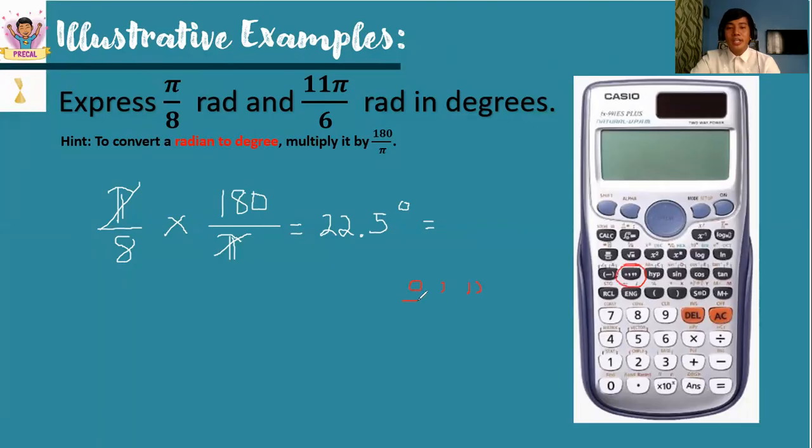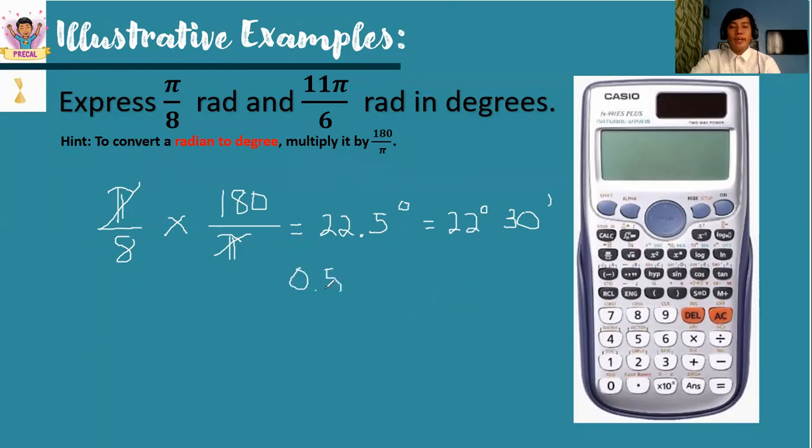It means the degree, minute, second button. If you press 22.5 degrees and then press this one, it will automatically convert into degree, minute, second. So the answer is 22 degrees, 30 minutes.